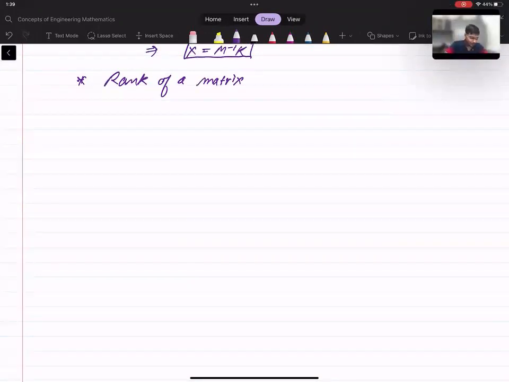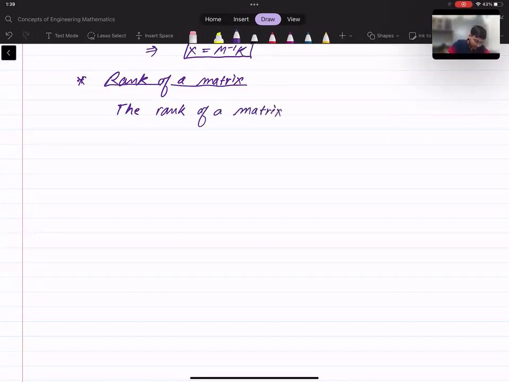So the rank of matrix A is said to be R if it has at least one non-zero minor of order R. That means R is the order of the highest order non-zero minor.